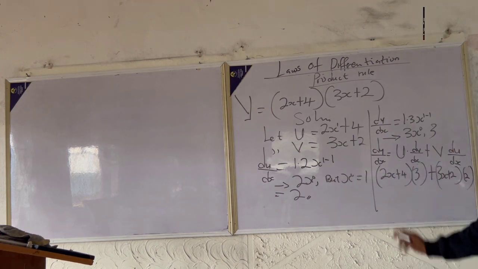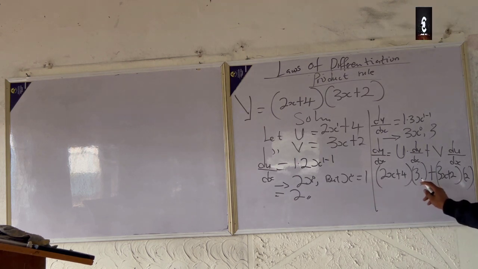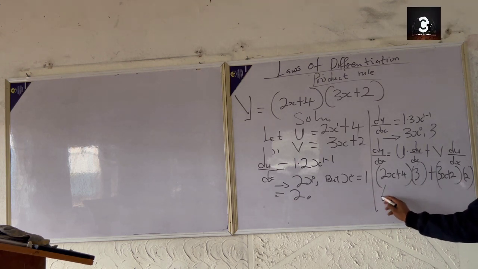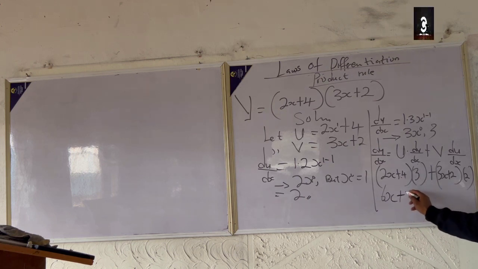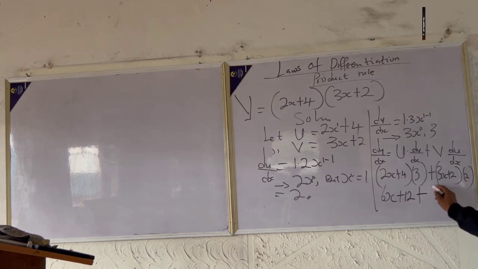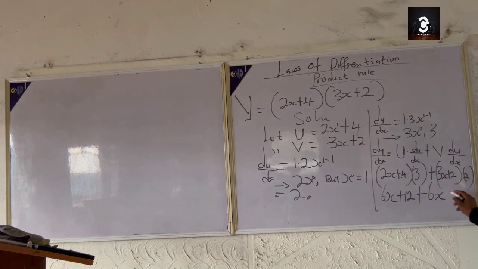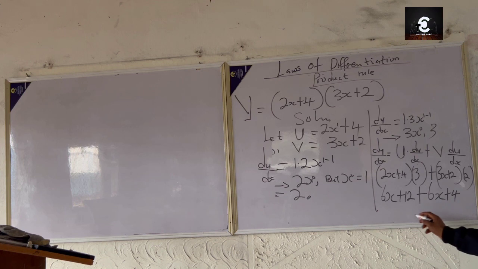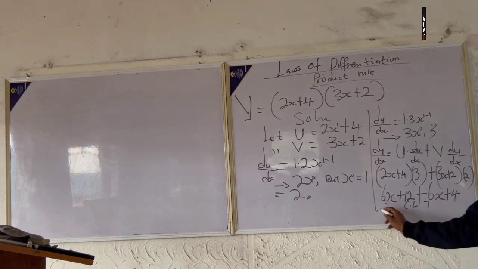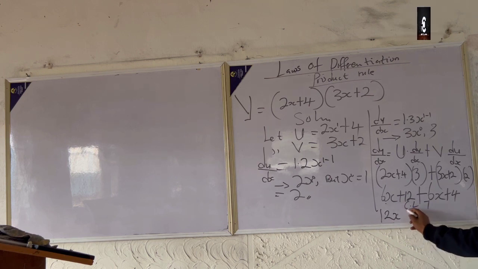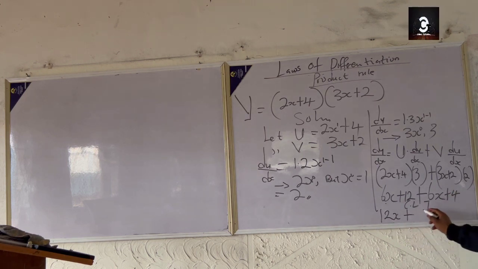So let's expand this. 2x times 3 will give us 6x. 4 times 3 will give us 12. Plus 3x times 2 will give us 6x. 2 times 2 will give us 4. We collect like terms. 6x plus 6x is 12x, plus 12 plus 4 is 16.